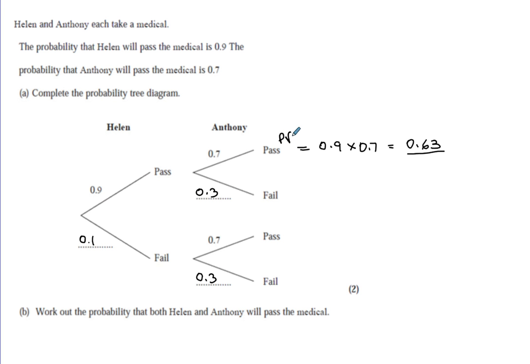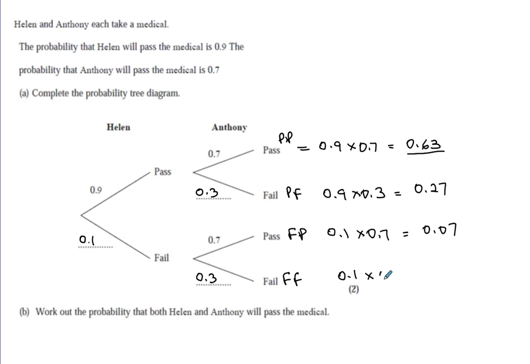So that's pass, pass. That's pass, fail. That's fail, pass. And that's fail, fail. Okay, so that would be 0.9 times 0.3 equals 0.27. 0.1 times 0.7, which is 0.07, and 0.1 times 0.3 equals 0.03.